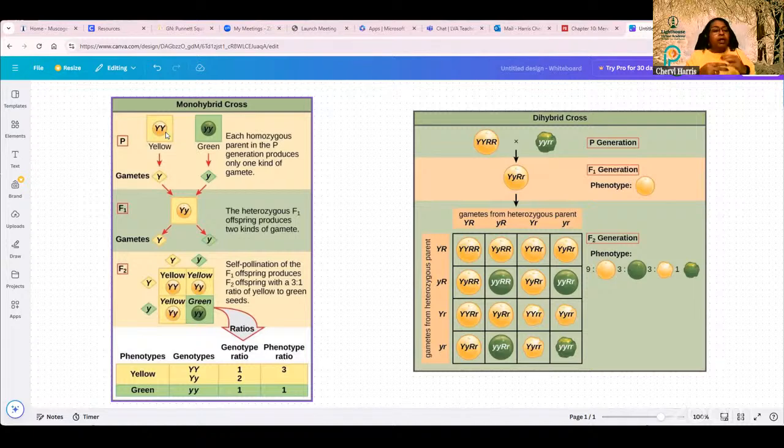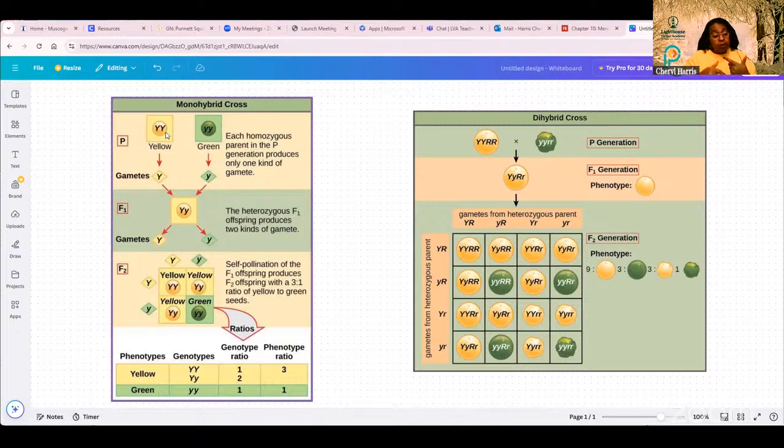Now, again, during meiosis, remember that there were four egg cells produced during meiosis and four sperm cells produced during meiosis, and actually one egg. Okay, let me back up. There are four cells that are created during meiosis for the female.